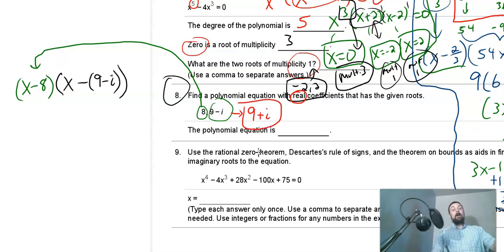Right? So we have to add the conjugate to this list of roots in order to get a polynomial of the type that we want. That adds another factor to our polynomial. So we're going to have x minus 9 plus i added to our factors.